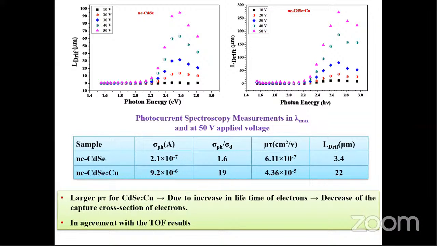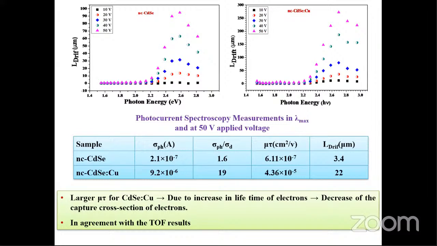From this table we can see that the photosensitivity, which is the ratio of the photocurrent divided by the dark current, D we are using for the dark current, increases more than 10 times, or 1 order changes there when we are doping with copper.